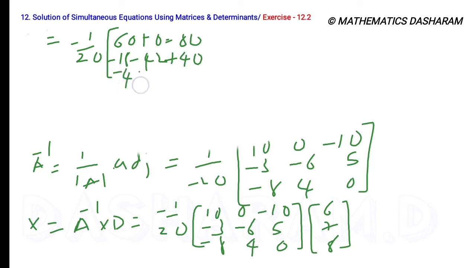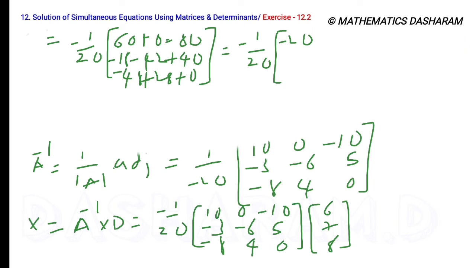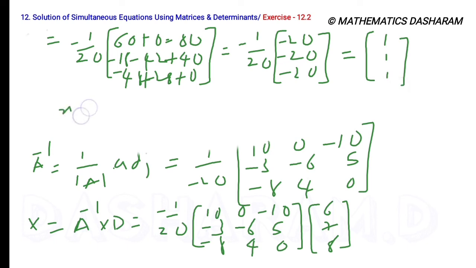Next, minus 48 plus 28 plus 0. It is equal to minus 1 by 20 into minus 20, minus 20, minus 20. Multiplying minus 1 by 20 inside, the answer is 1 1 1. So the required answer is x equals 1, y equals 1, and z equals 1.